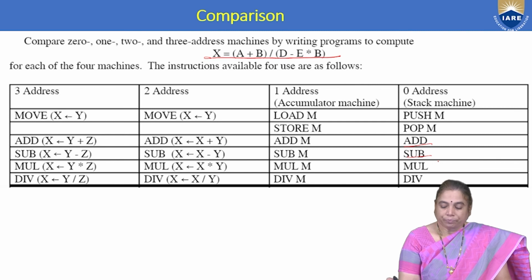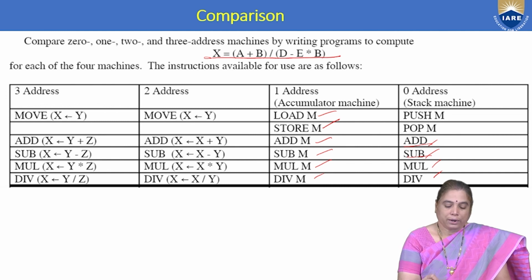Here the memory location operands can be pushed and popped, then we can give the add, sub, multiplication, division operations. In case of the one address accumulator machine, the accumulator can be loaded and stored with the operands, and then we can apply the operations add, sub, multiplication and division.